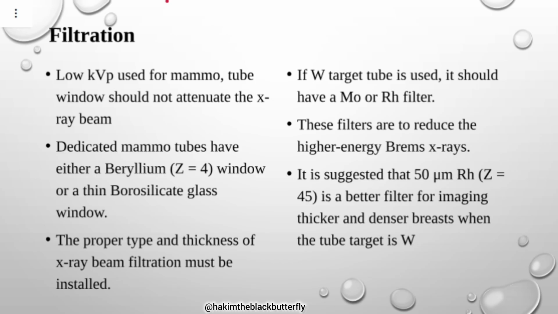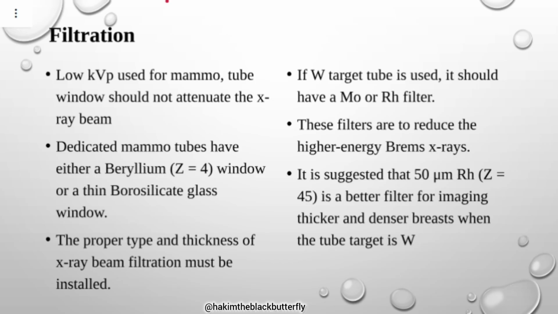The proper type and thickness of X-ray beam filtration must be installed. That is the biomedical engineering work. They must install the proper type and thickness of filters in the tubes.